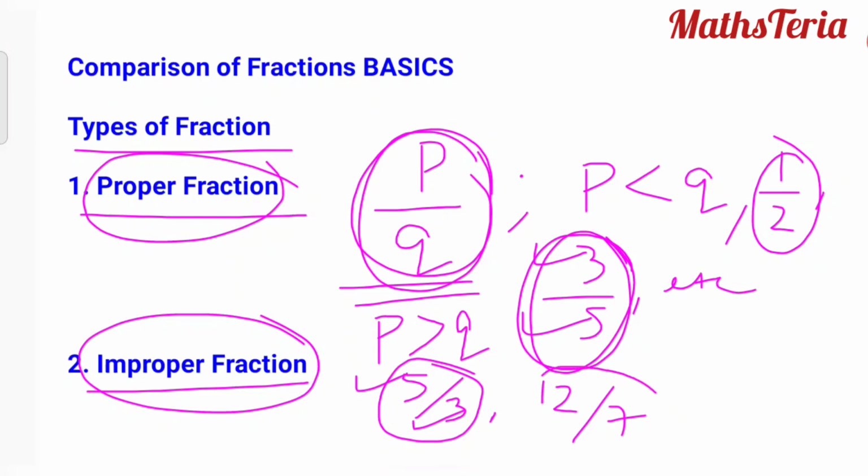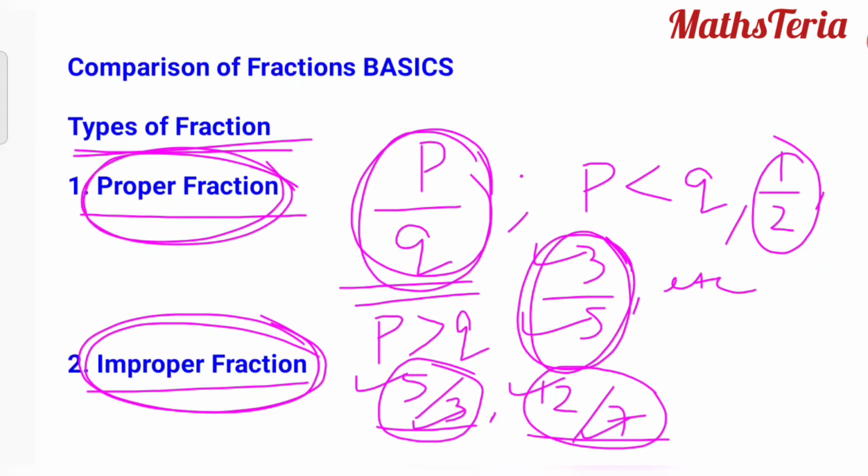Similarly, in 12 by 7, numerator 12 is greater than denominator 7. Hence, 5 by 3 and 12 by 7 are examples of improper fractions. So, we learned about types of fractions, in which we learned about proper fraction and improper fraction.